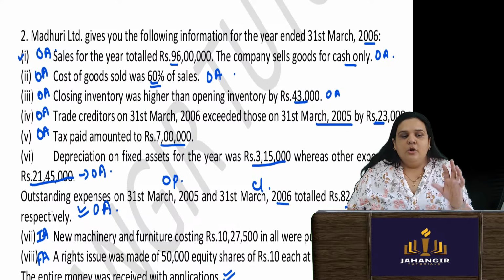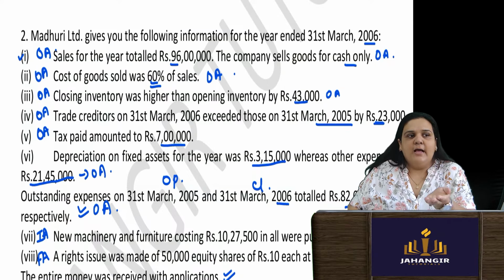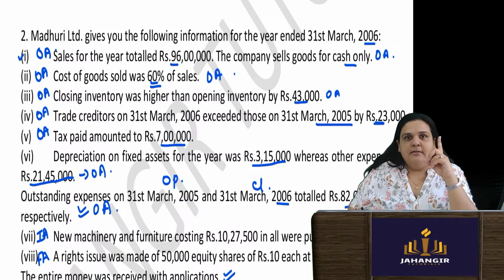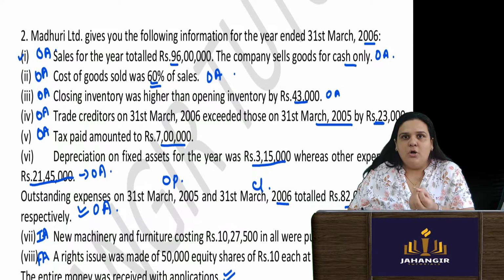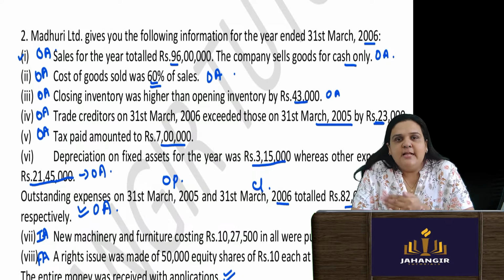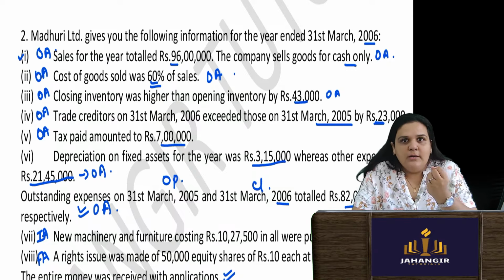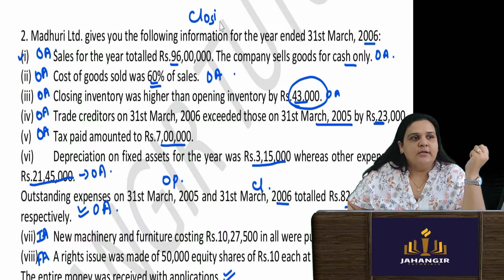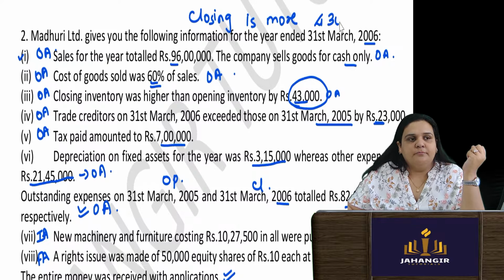Now, closing inventory was higher than the opening inventory by 43,000. Just think, if you are having more stock in your godown at the end of the year, that means that much of your cash flow is blocked. If you would have sold that... basically, they are saying closing stock is more by 43,000.